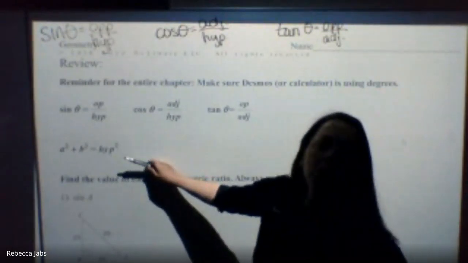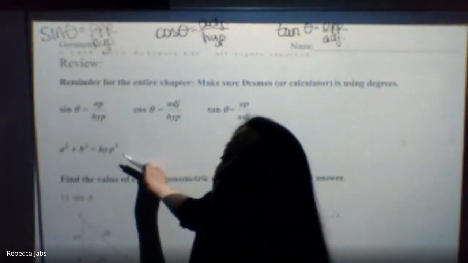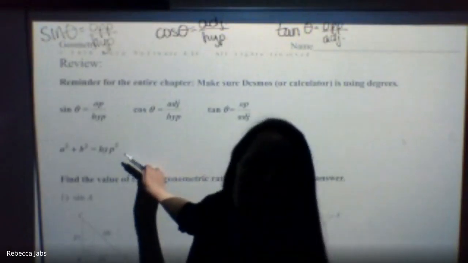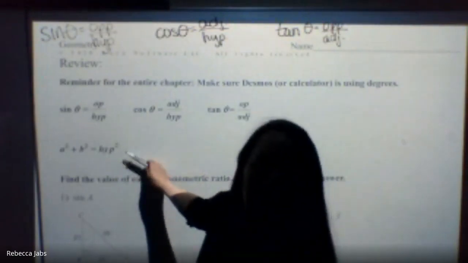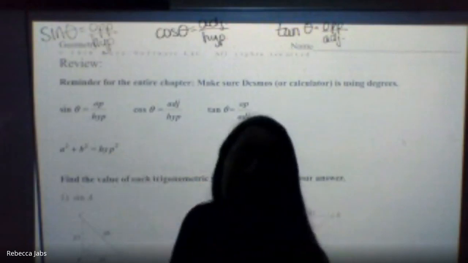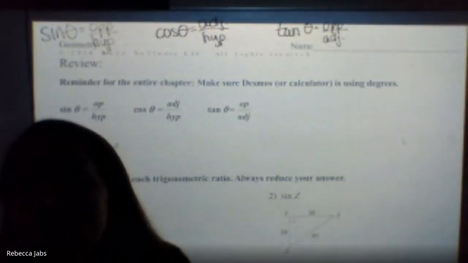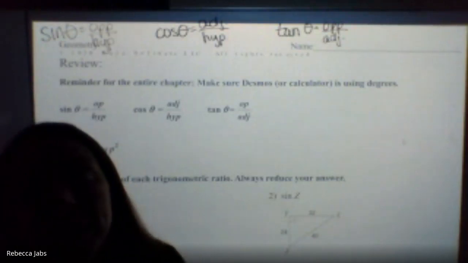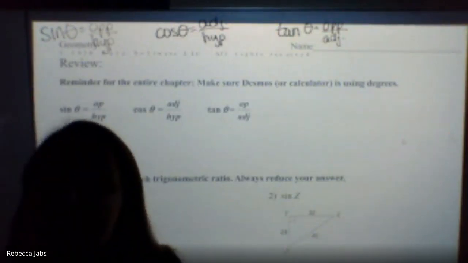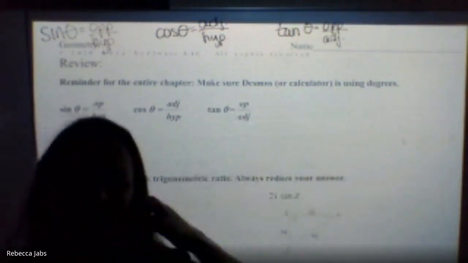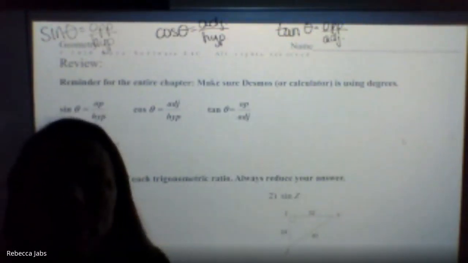I typed it on this review because on Thursday, I'm going to add another page to it. Today, we don't need to use this, but I wanted it at the top because this is another very, very important equation you need to know and have sort of memorized for our test. I know you can use notes, but it really helps out if you have these things memorized and don't always have to look through them again.